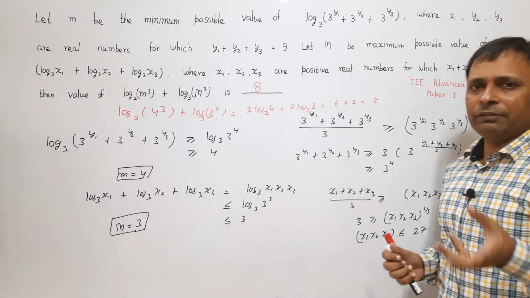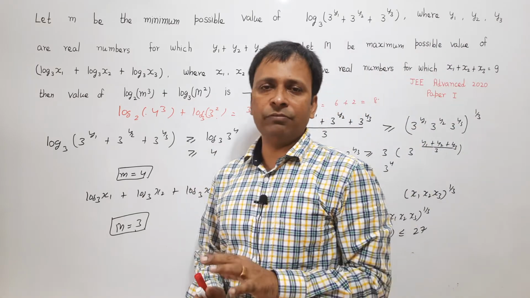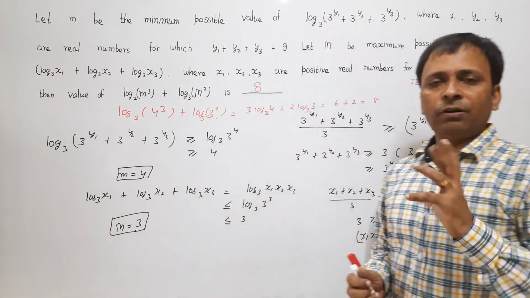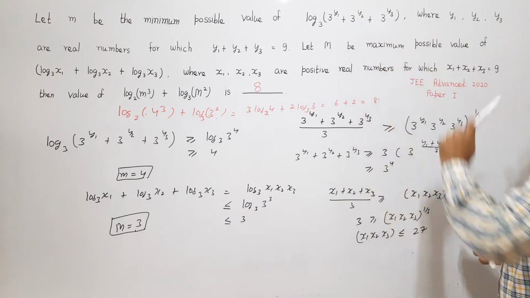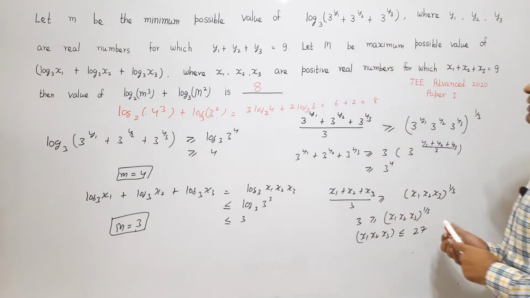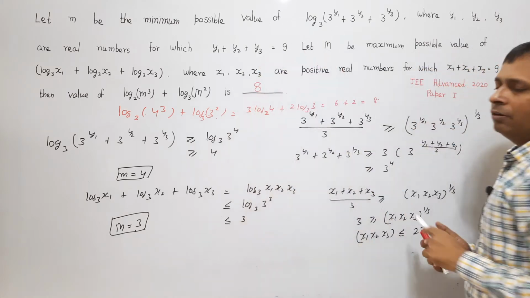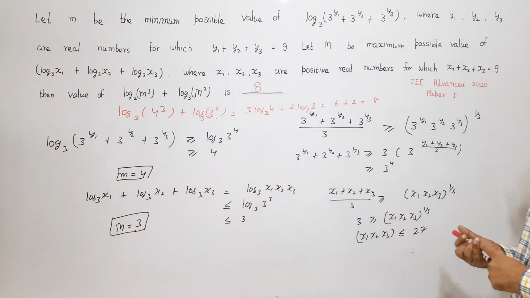So the minimum and maximum value of both the expressions will come when all the three values are equal. That means when y1 equal to y2 equal to y3, because their sum is equal to 9, all the three values will be equal to 3.